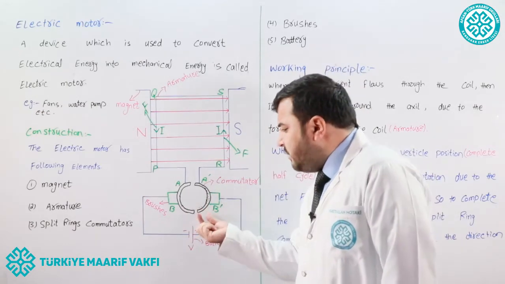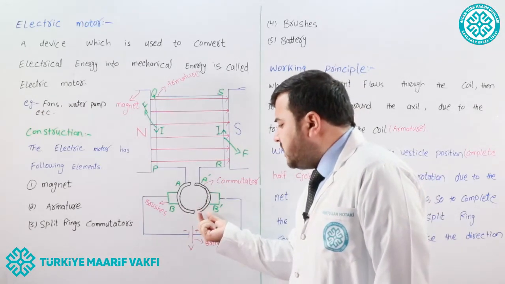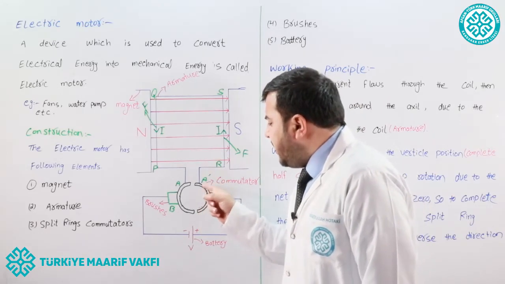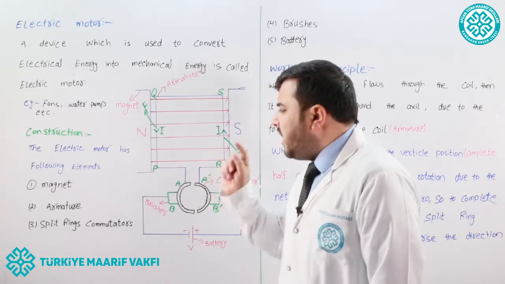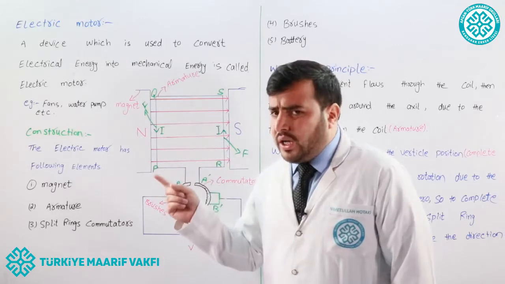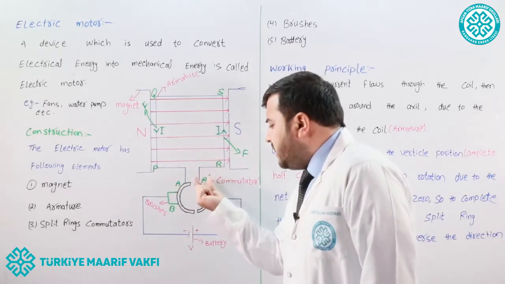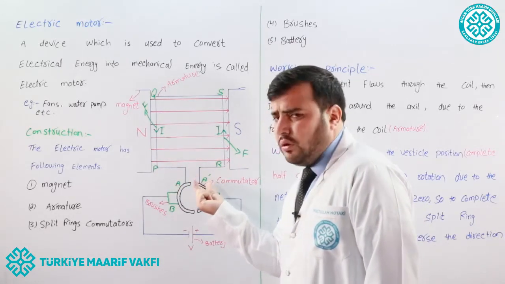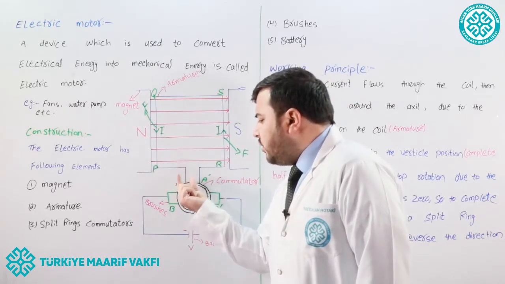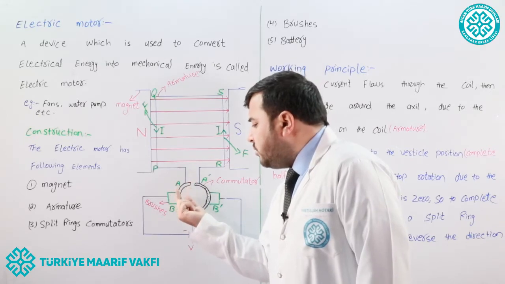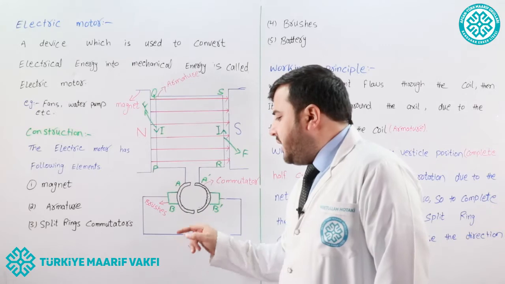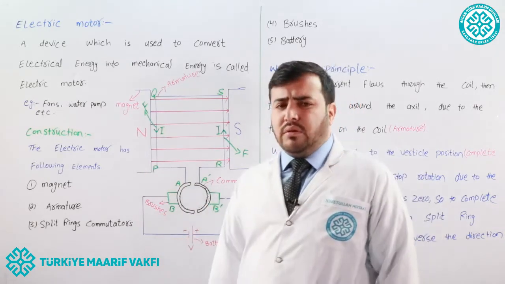This split ring, represented by A dash, is connected with the coil. So the current will enter from this A dash end of the loop, flow through the coil, and come back to the commutator represented by A, and then go to the negative terminal of the battery.